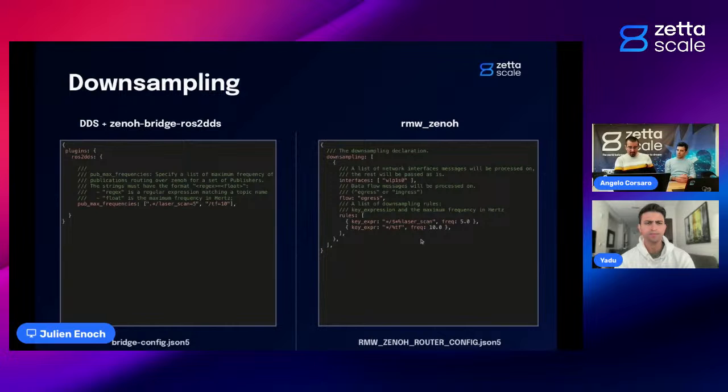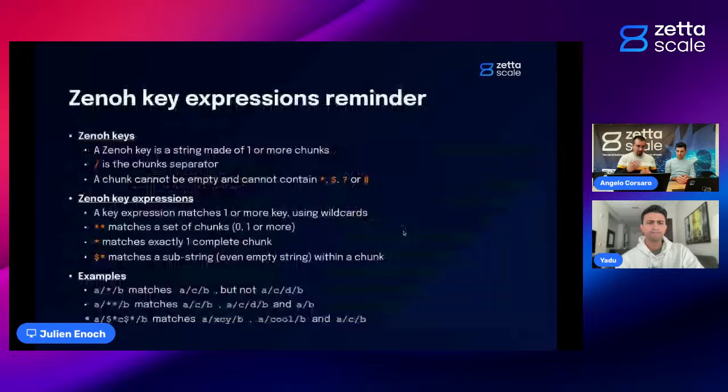Maybe you noticed that the key expression used here in the configuration is slightly different from the regular expression we used in the bridge. The reason is that here it's a Zenoh key expression, which is slightly different from a regular expression. I will now explain the difference and what a Zenoh key actually is.